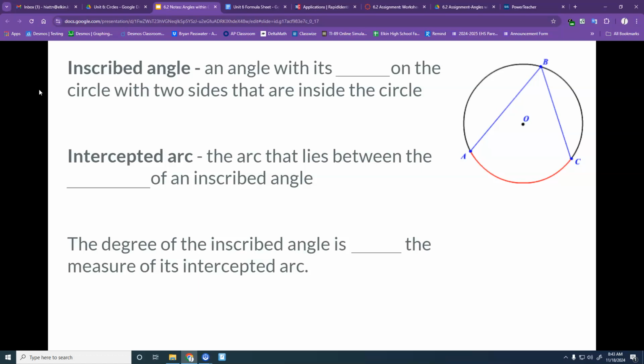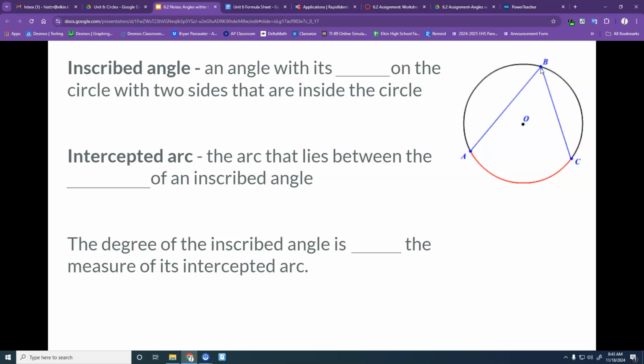An inscribed angle, we already did this on 6-1. It's an angle with its blank on the circle with two sides that are inside the circle. What do you think goes in that blank? An angle with its blank on the circle. Specifically, it's talking about that point B right there. What could I call that point B?